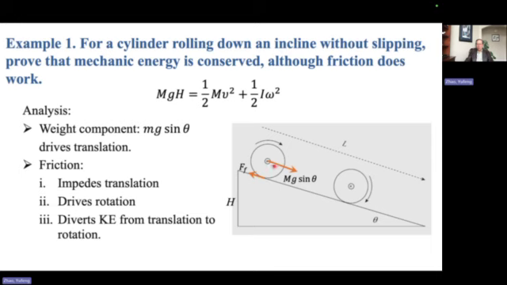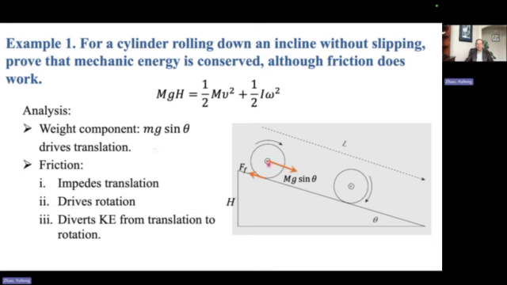The driving force is the component of the weight along the inclined surface, which is going down the slope. The other force is the static friction between the cylinder and the incline, which points backward. The weight component, mg sine theta, is the driving force for the translational motion because it passes through the center of mass.